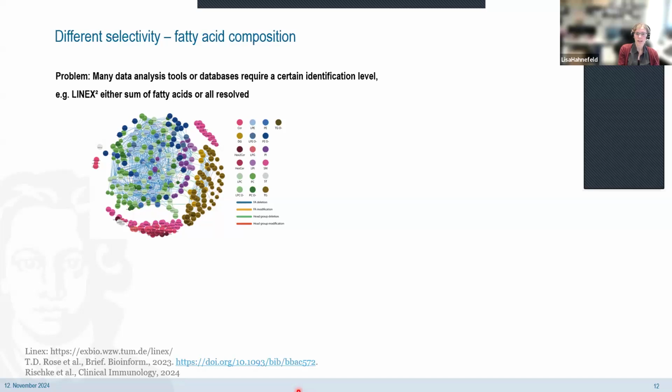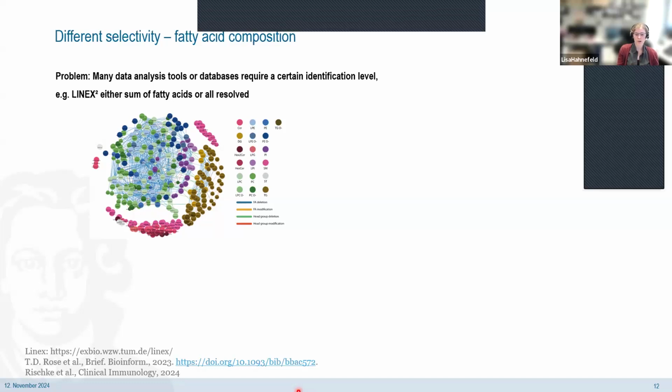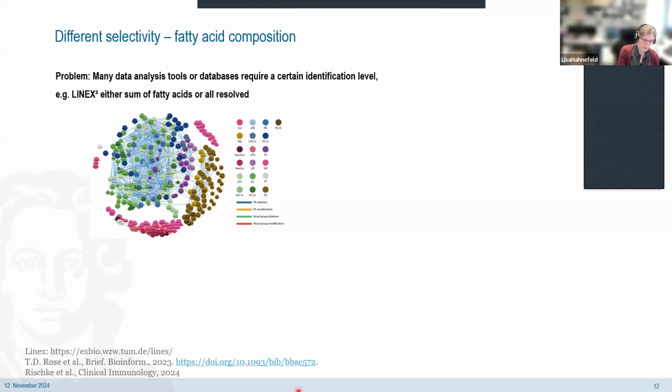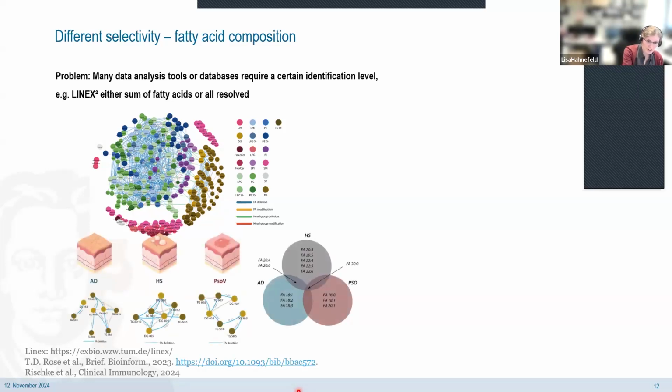But here, if you have an assay which does not have either the total sum of the fatty acids or a total resolution of all fatty acids, the software unfortunately will not accept it. So here you actually have to lose a little bit of information by calculating the sum of your lipids. And this might work quite well if you have already analyzed the sum. For example, if you take the PCs, you got some quite interesting results, and then you can look at the subclusters and get a really better insight into which compounds to look at.